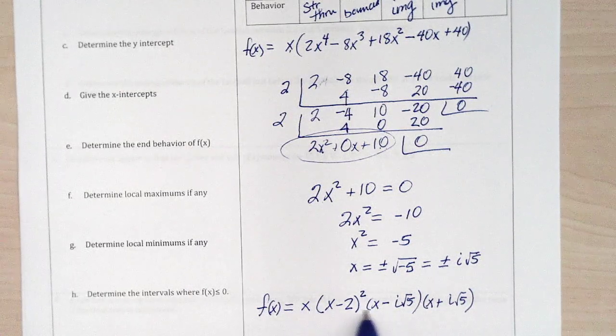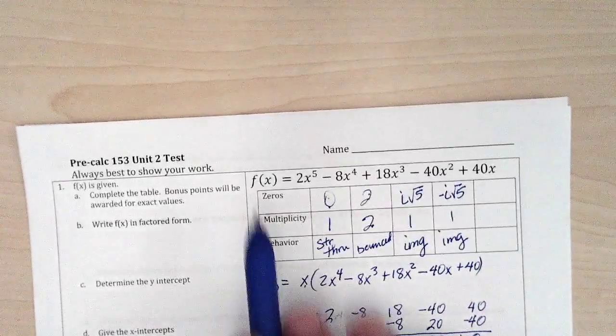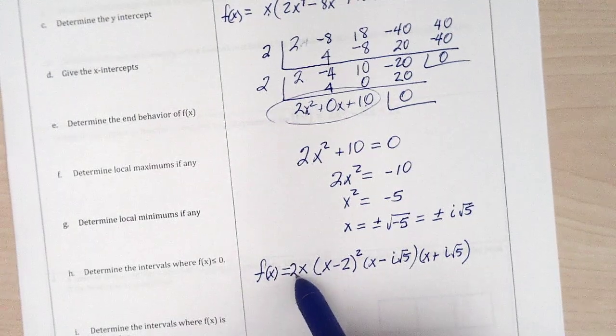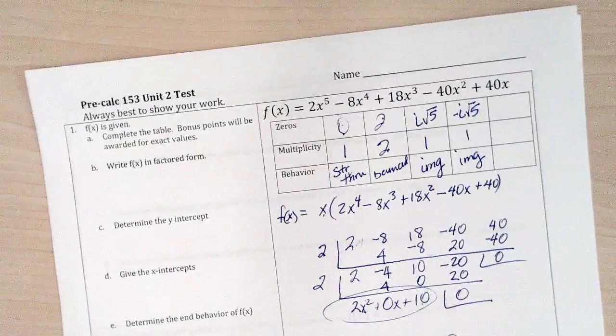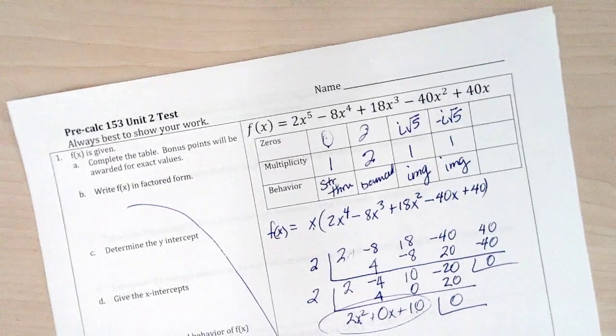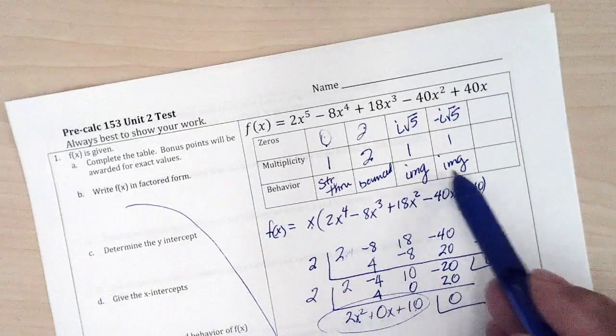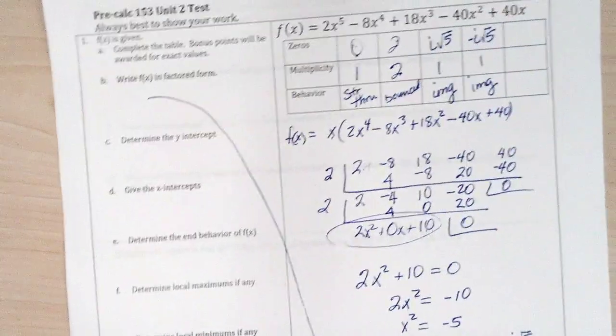And if I multiplied this together, I'd get 1x to the fifth, but this had 2x to the fifth, so I need a 2. And so that would be the factored form. And I've completed the table with exact values for all the roots.